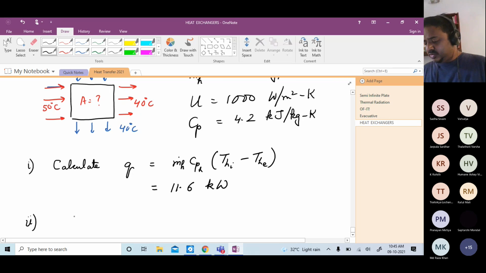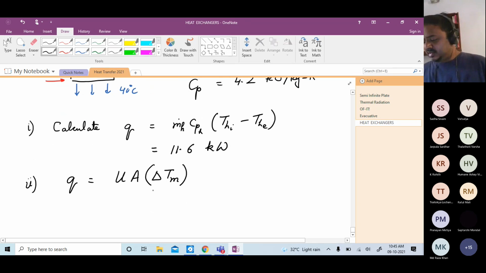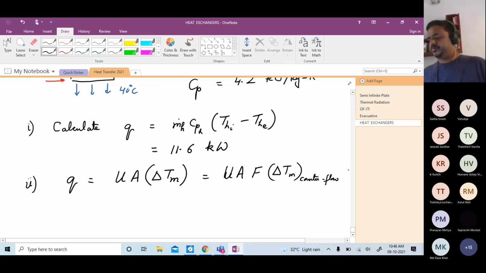Now this Q is also equal to UA delta T mean, and what is that? That is equal to UA F delta T mean of counterflow.